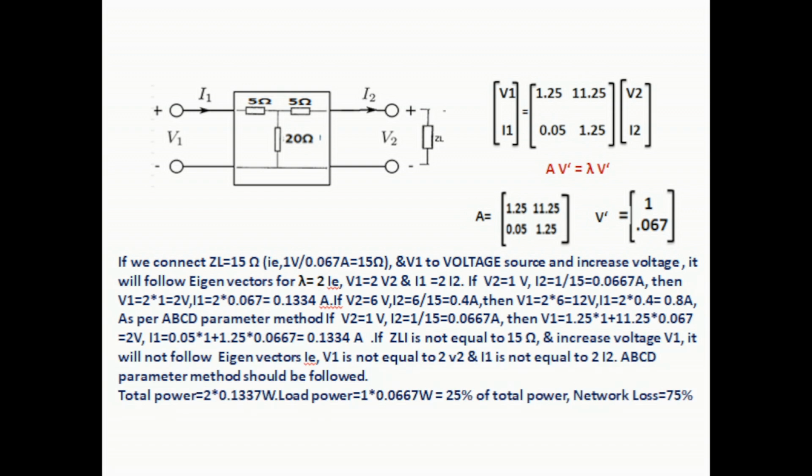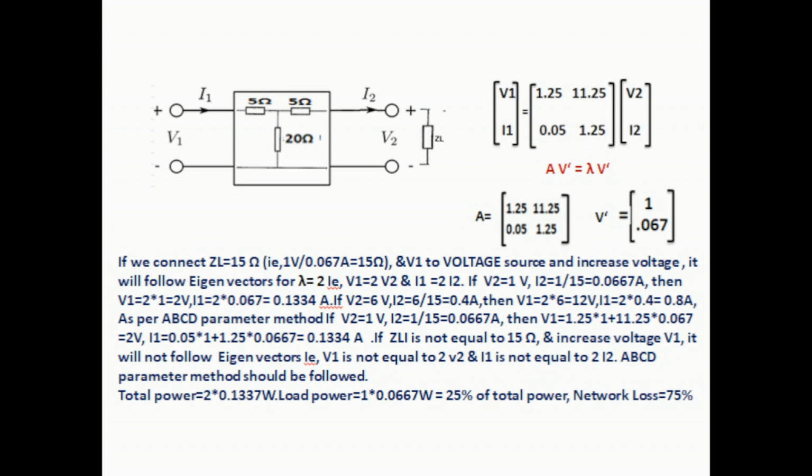I1 equal to 0.05 into 1 plus 1.25 into 0.0667, that is equal to 0.1334 ampere. If ZL is not equal to 15 ohms and we increase the voltage V1, it will not follow the eigenvector. That is V1 is not equal to 2 into V2, I1 is not equal to 2 into I2. The ABCD parameters method should be followed.